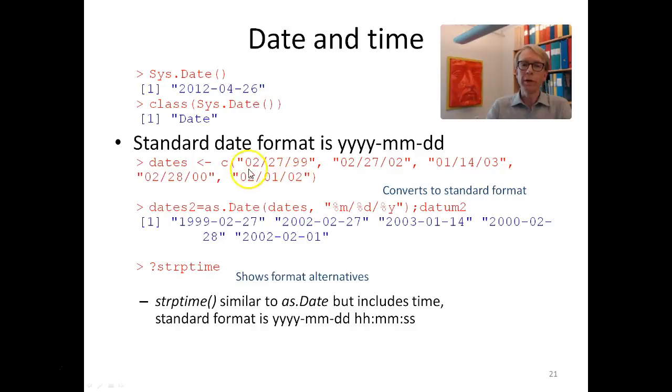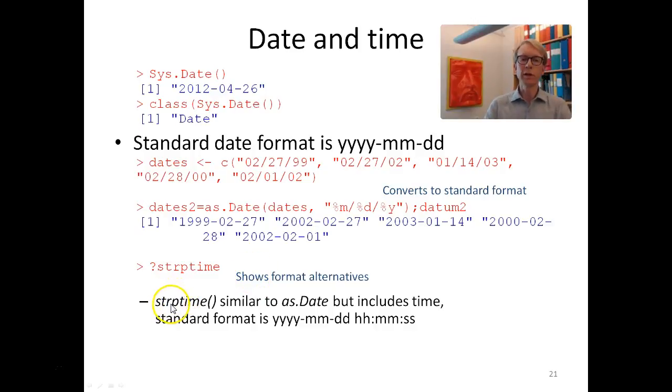Of course, not all dates are formatted this way, and if you get a data set with a particular format of the dates, then you'll have to look into the help text of strptime, which shows all available format alternatives so that you can tailor it to your specific needs.